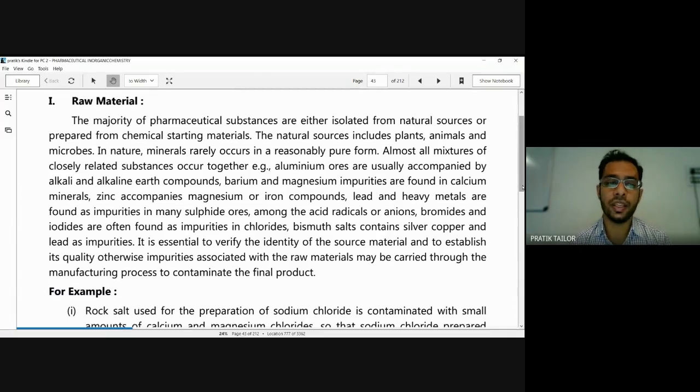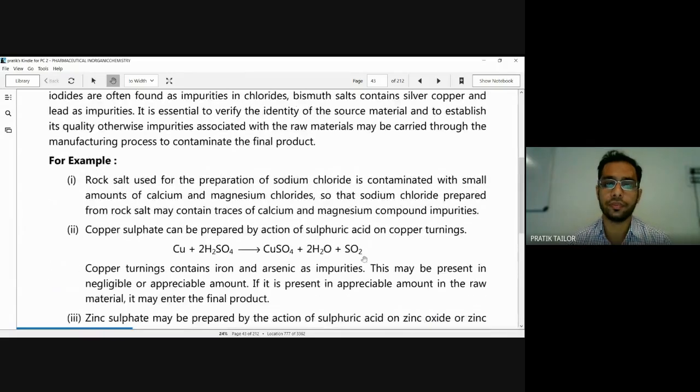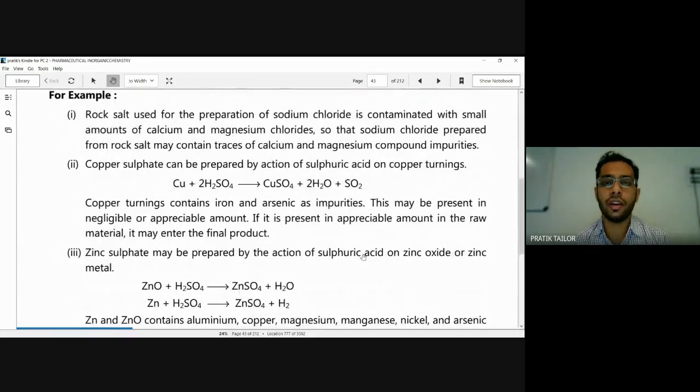Say suppose we had the example of copper sulfate. If you are using sulfate as your ingredient, and if the copper sulfate is prepared by the reaction of sulfuric acid on copper metal, and if this metal contains some impurity of iron, arsenic and others, then along with the copper sulfate, that particular sulfate will be formed and it will be part of your copper sulfate powder.